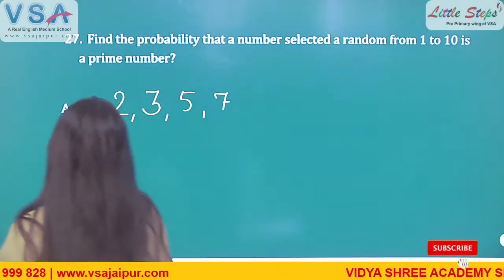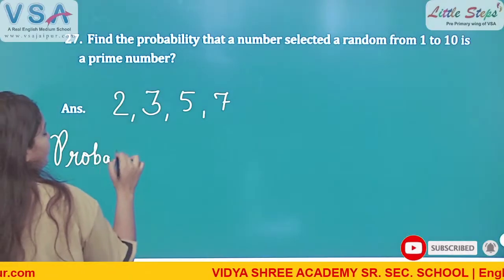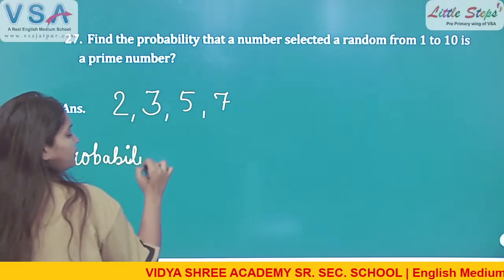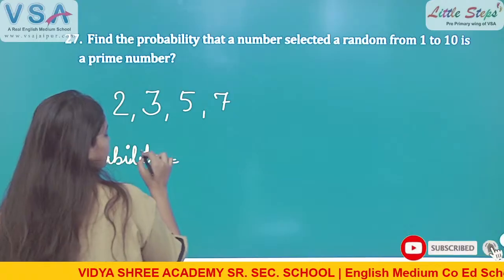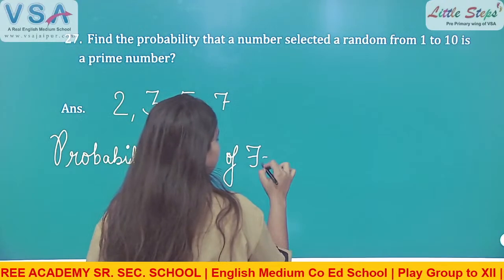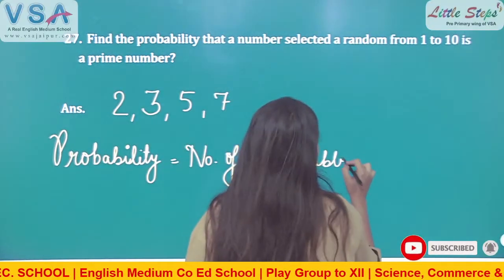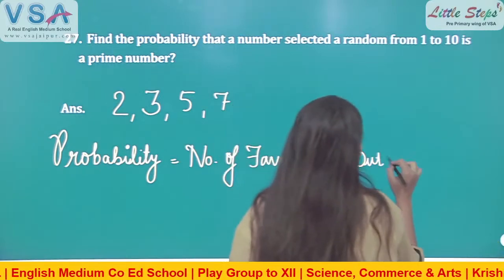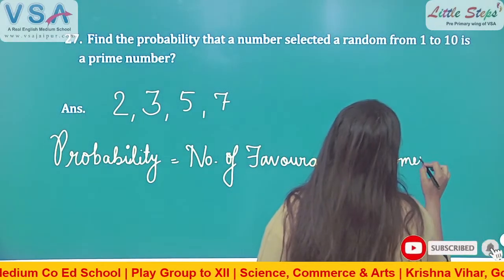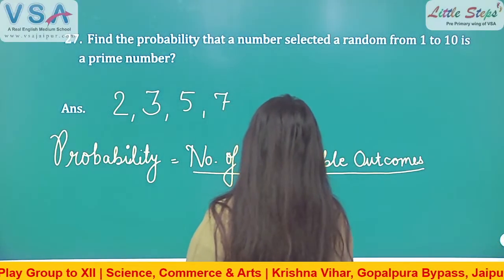So first of all, we have to write down the formula of probability. What is the formula of probability? Number of favorable outcomes divided by total number of outcomes.